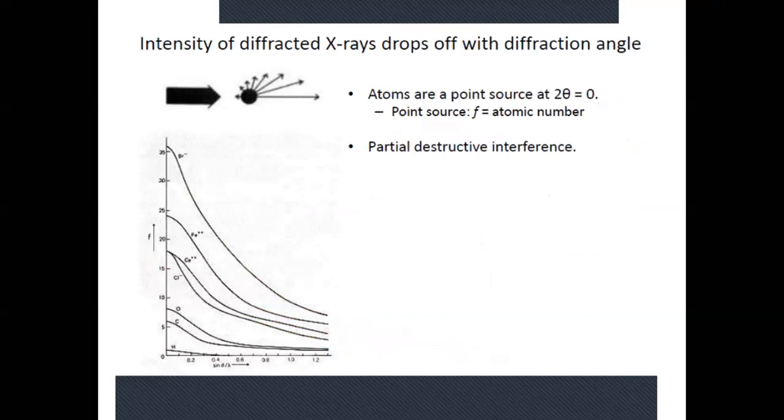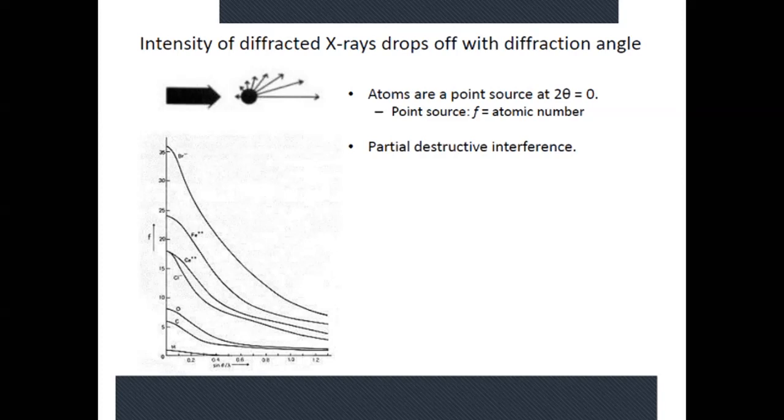So as we said earlier, the intensity of the diffracted X-rays drops off with diffraction angle because as you go to higher diffraction angle, higher 2 theta, the scattering ability of the species decreases. So at 2 theta equals 0, we consider atoms a point source where the scattering factor F is equal to the atomic number.